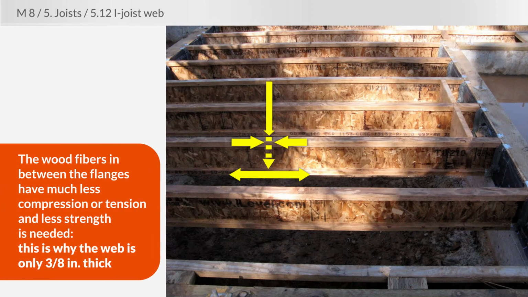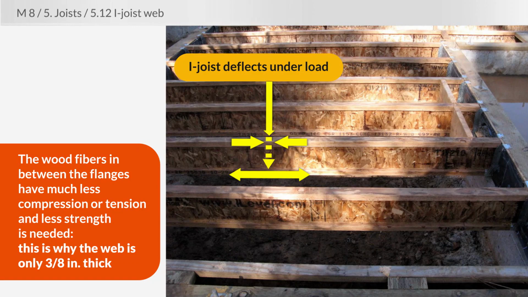Here's how they work. As an I-joist deflects under load, and any joist deflects under load. Deflection is simply the tendency of the wood structural member to bend down a little bit as some weight is placed on it. So solid wood joists deflect, open web joists deflect, I-joists deflect anytime a load is placed on them. So as an I-joist deflects under the load, the top flange is in compression.